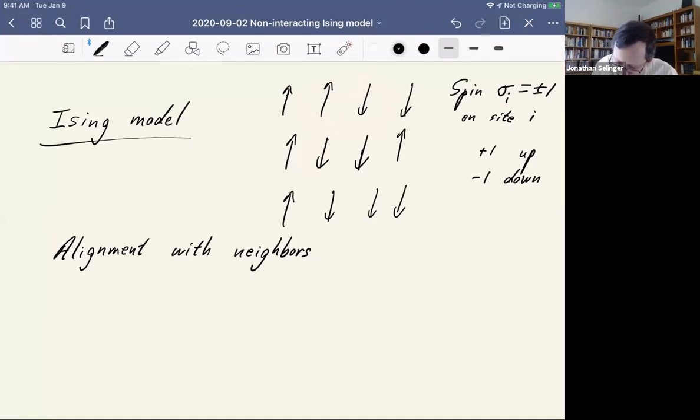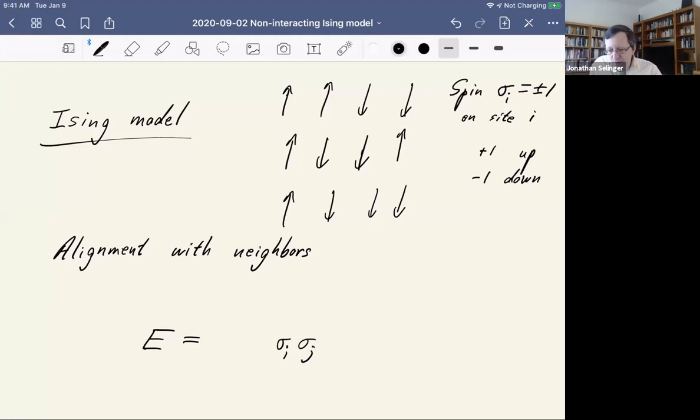So one way that we could represent that mathematically is to say that the energy has a term which looks like the product of the spins on neighboring sites. If these two things are both +1 or both -1, then you get a positive number here.